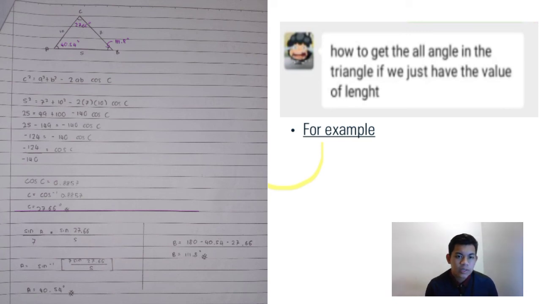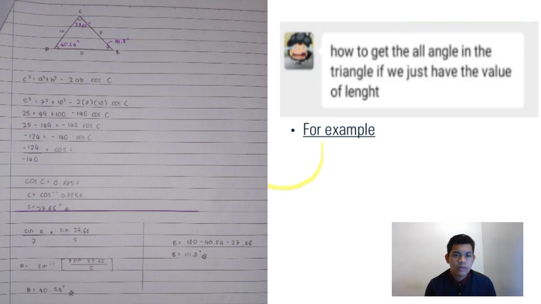For example, C square equals A square plus B square minus 2AB cos C, and we key in all the numbers and calculate, and we get the angle of C is 27.66. For the angle of A, we choose the sine rule formula.